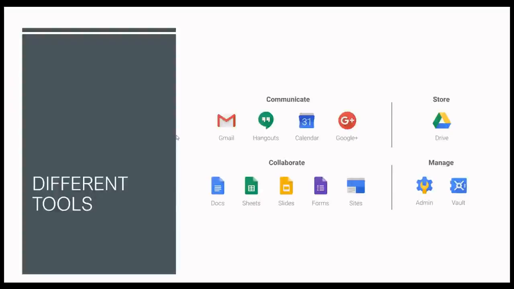We can have student grade sheets using Excel sheets, that is Google Sheets. We can give presentations to students of our class using Slides. We can take online quizzes of students using Forms. We can create our own website using Google Sites.